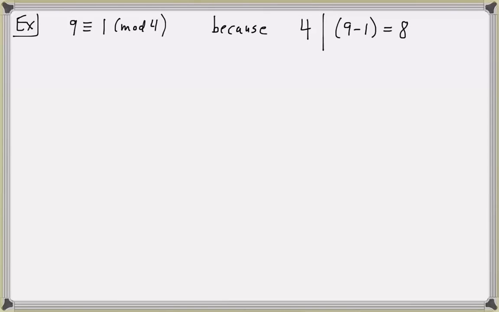So 9 is 1 more than a multiple of 4. 20 is congruent to 4 mod 8.